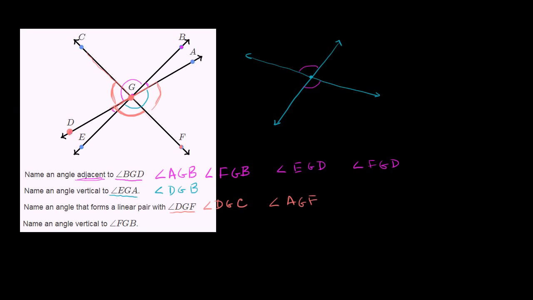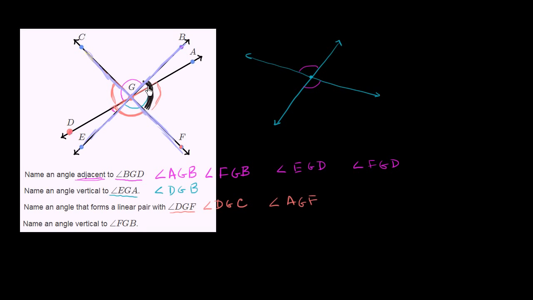Let's do one more. Name a vertical angle to angle FGB. So this is FGB right over here. You can imagine this angle is one of the four angles formed when CF and EB intersect with each other.